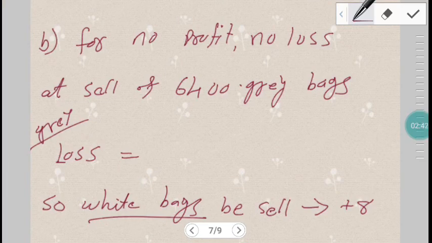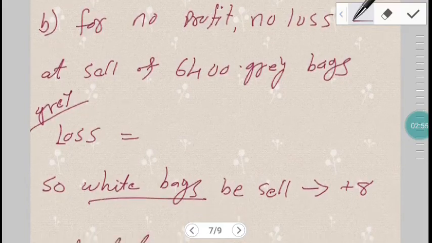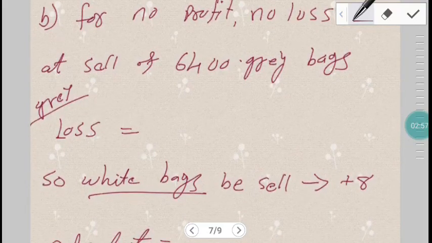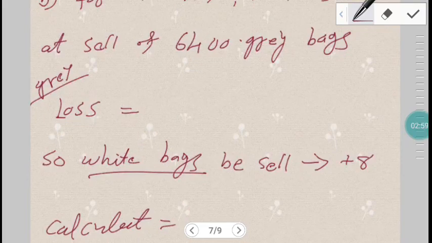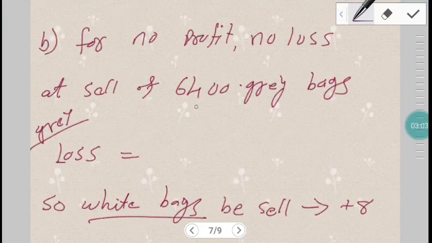what is the number of white cement bags it must sell to have neither profit nor loss, if the number of grey cement sold is 6400? So in this they don't want loss or profit, but they have sold 6400 bags of the grey cement.